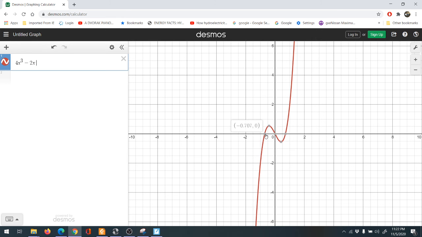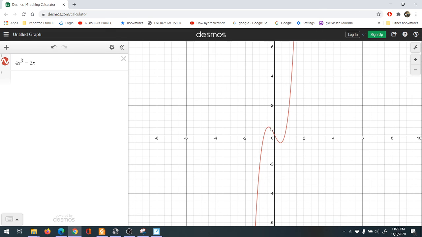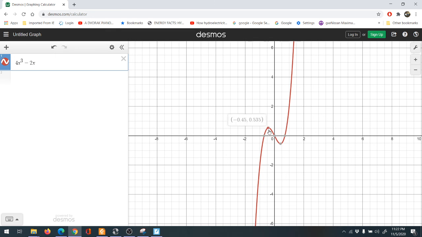And concave down, you dive like you do diving. It's between negative infinity and 0. That's concave down.